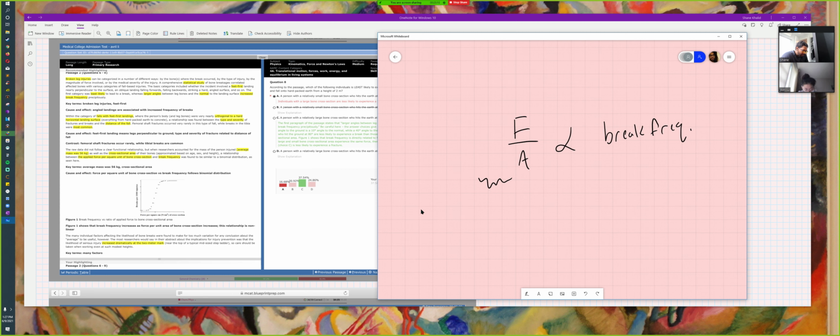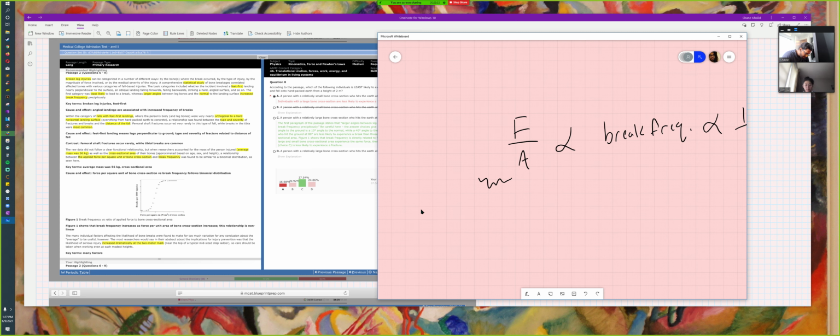So it should mean that break frequency is inversely correlated with the cross-sectional area. As the cross-sectional area increases, the break frequency decreases.